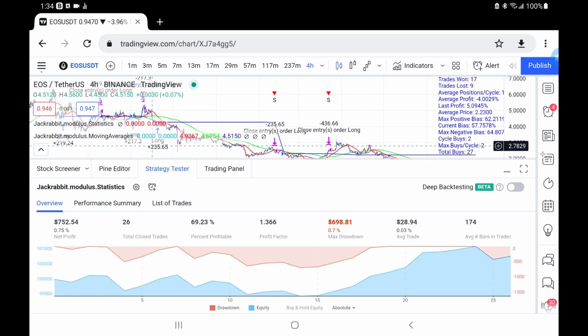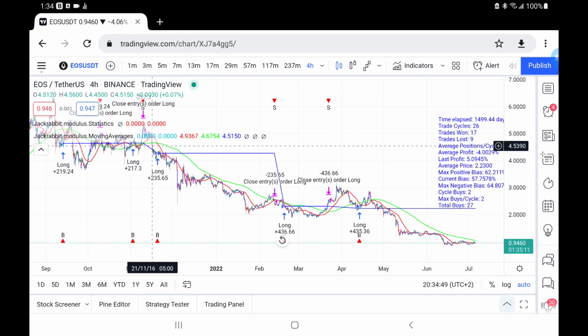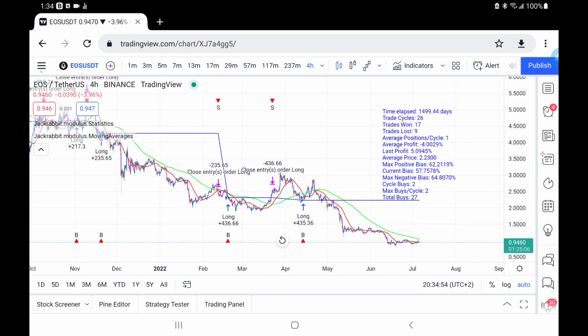So let's look at some of the statistics that this asset represents as we have them here on the side. Overall, it took a total of 26 trades in roughly 1,500 days. It won 17 of those trades and it lost 9 of those trades.